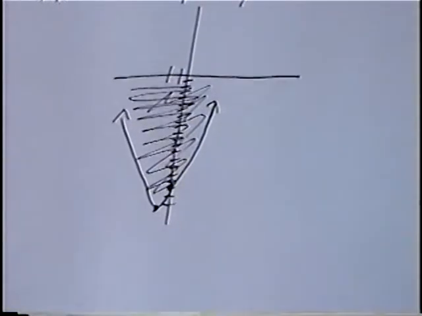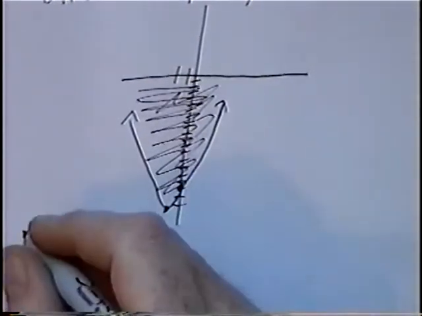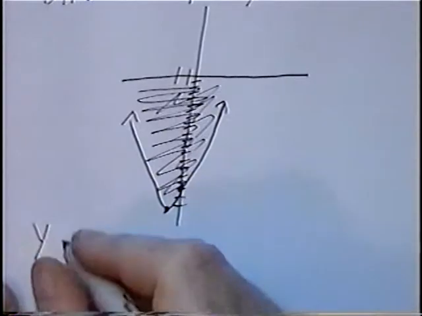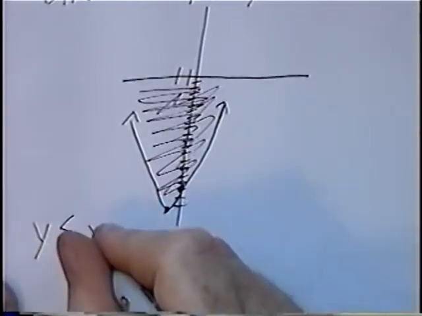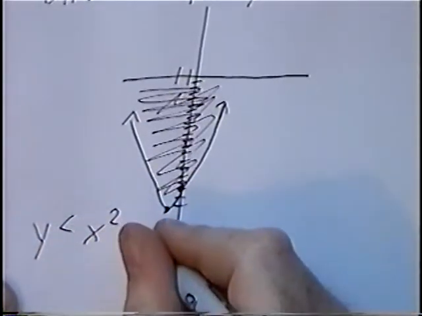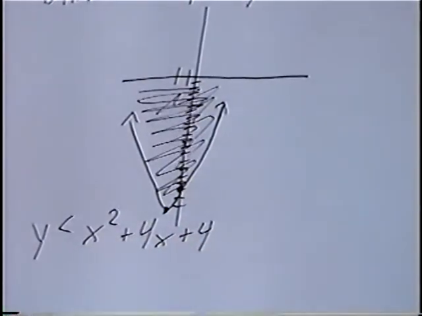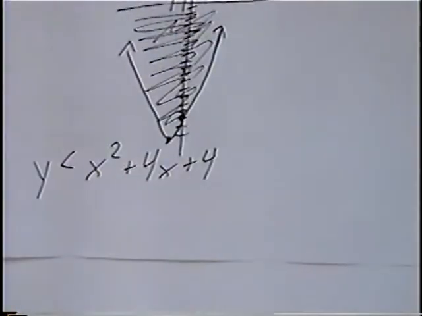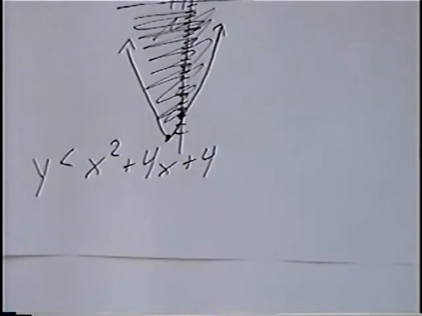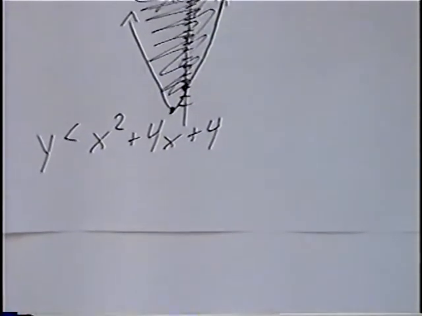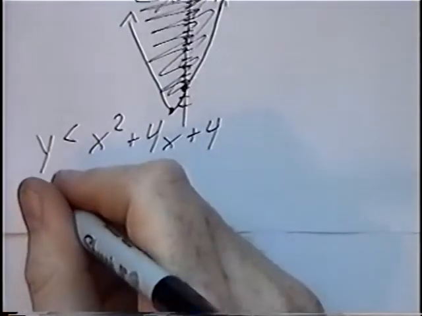Second question, and last question for the section, is y is less than x squared plus 4x plus 4. Again, there are several ways to graph this quadratic equation. One method we could use is factor.